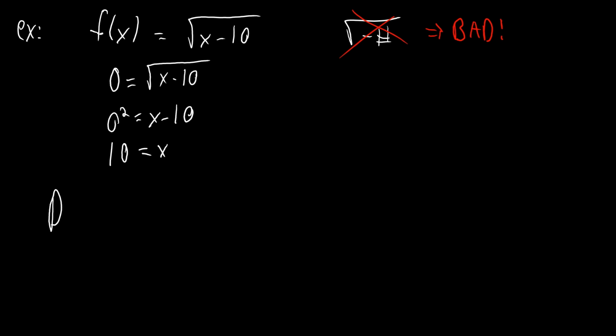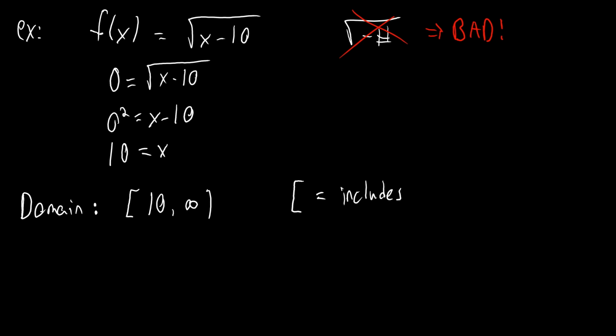So how should we write our domain? What notation should we use? When you're writing an interval here, 10's the smallest, so we can go 10 to infinity. And why do I use this square bracket? Square bracket means it includes the value.